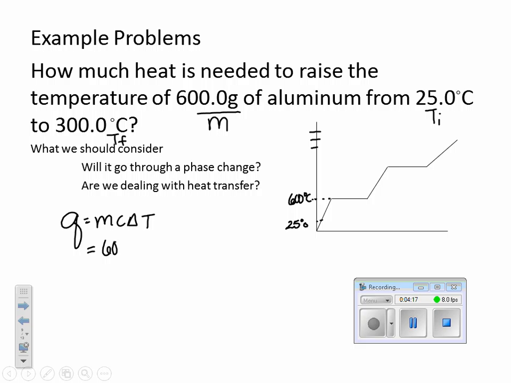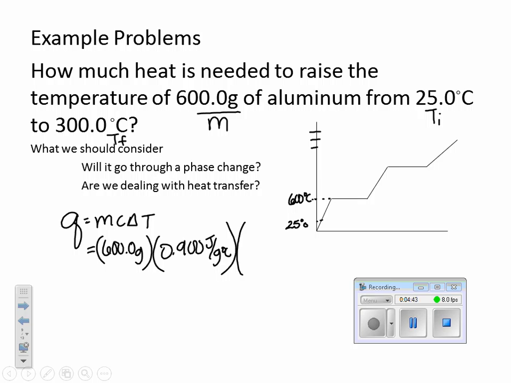So 600 grams is our mass. The specific heat capacity for aluminum is something you can look up. I happen to know that it is 0.900 joules per gram degree Celsius. There's charts of these in your book, or you can ask Siri or Google or whoever it is you like to talk to on your phone.